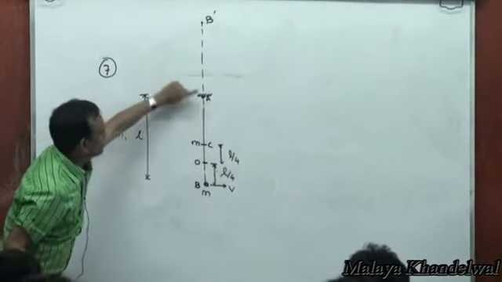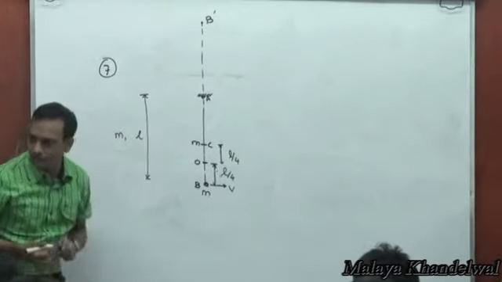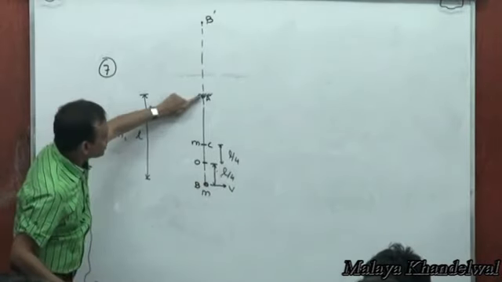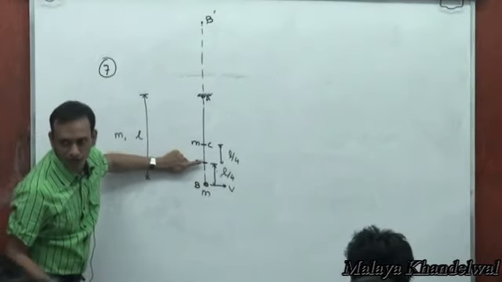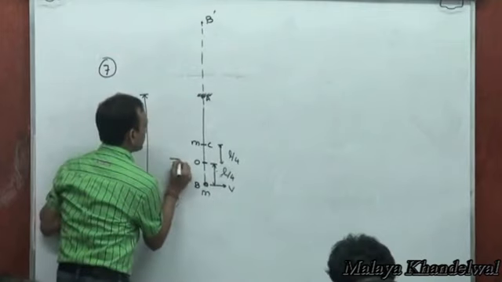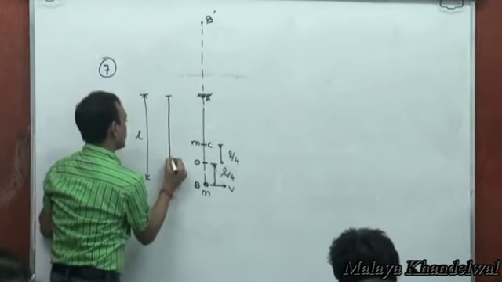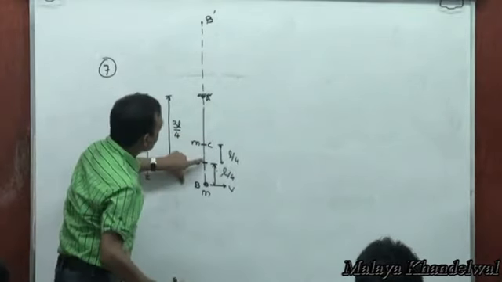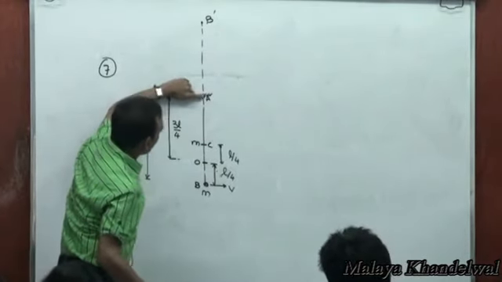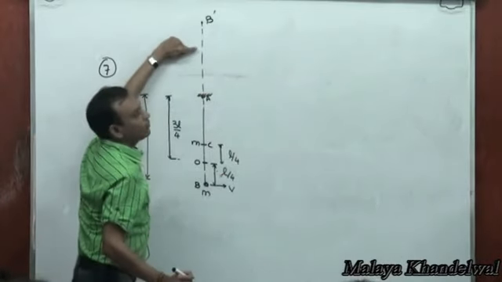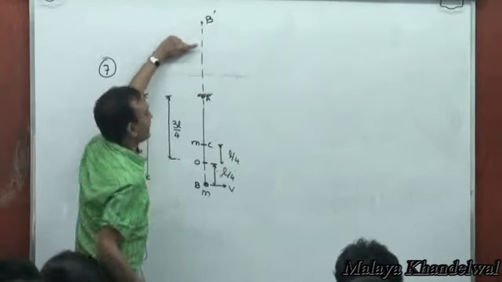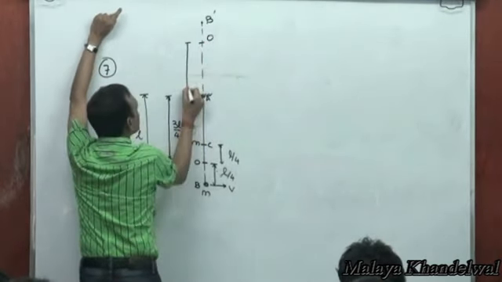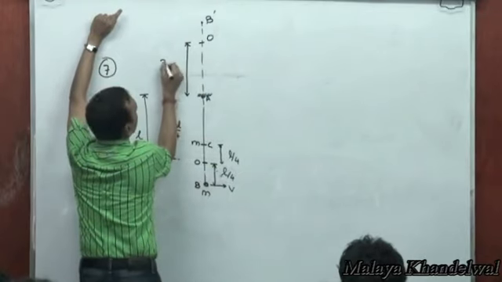That's the center of mass of the rod particle system. Right? L by 4 from the bottom, or 3L by 4 from the top. So which means now you expect O, which was 3L by 4 below A, to be 3L by 4 above A. So now point O would be expected to be 3L by 4 above A.